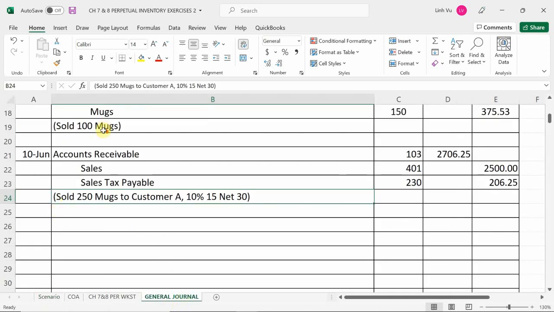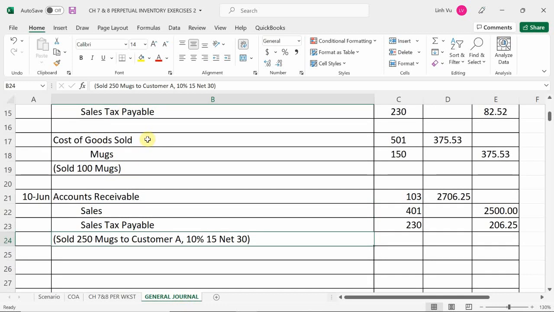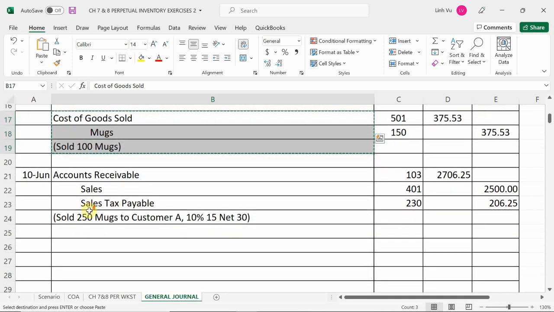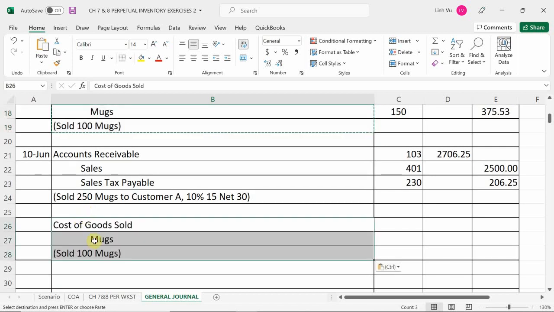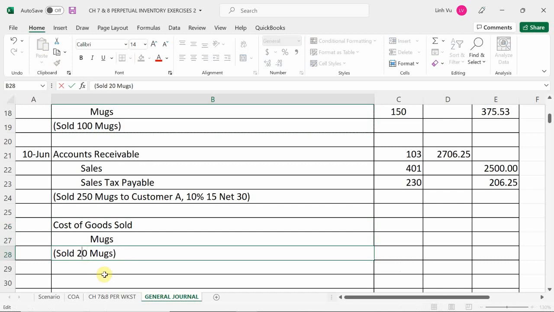And of course, we also have to recognize our cost of goods sold here because we sold something to customer A, right? So this is where we have to figure it out, right? Because we sold 250 mugs to customer A. Right?